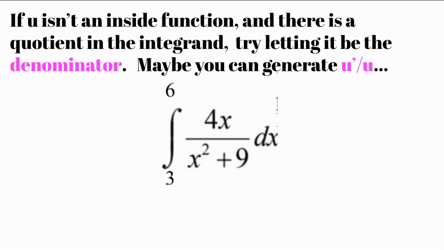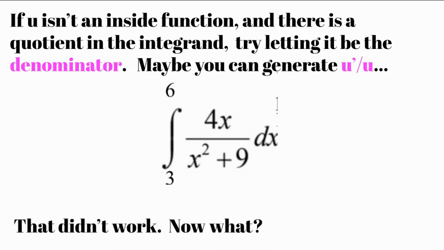Don't forget to change those limits because those limits are for x right now. So if we're going to pass the ball to u, we need to pass the limits to u as well. So don't forget that limit change with the definite integral. This one can be written as 1 over u du with some coefficients and can pass off to the natural log of the absolute value of u plus c.